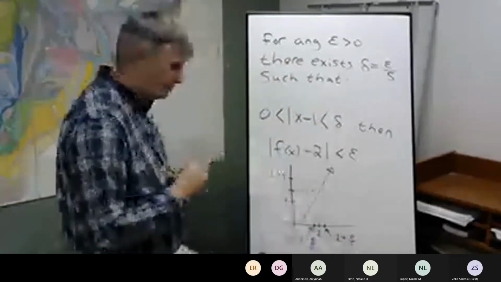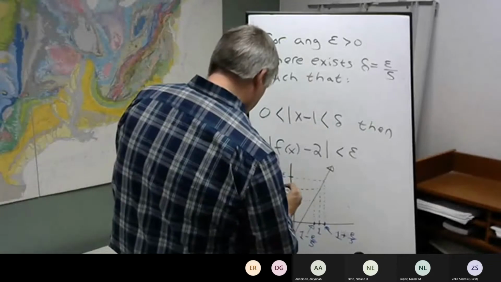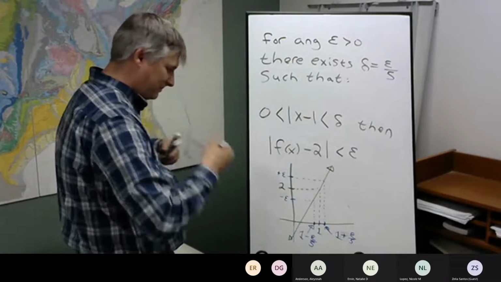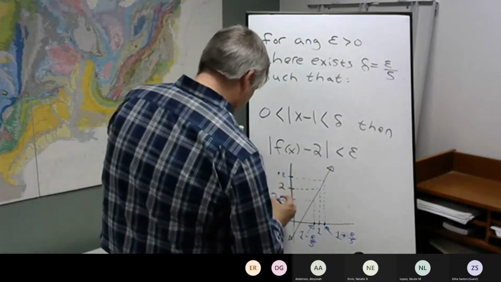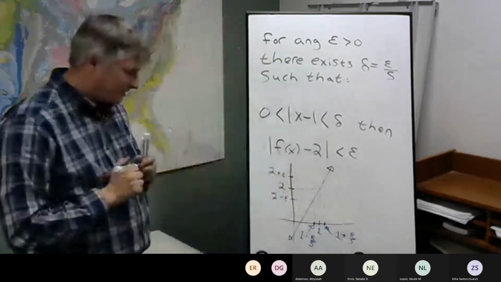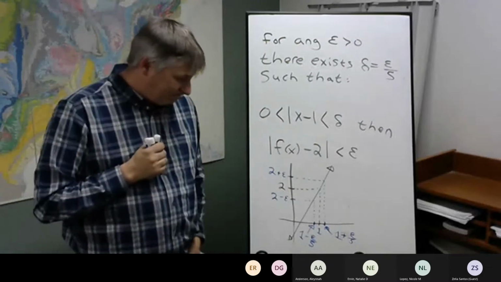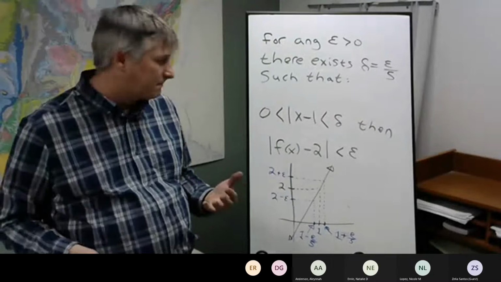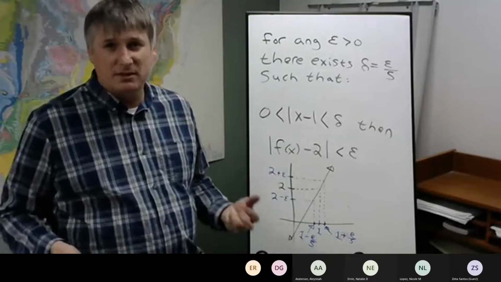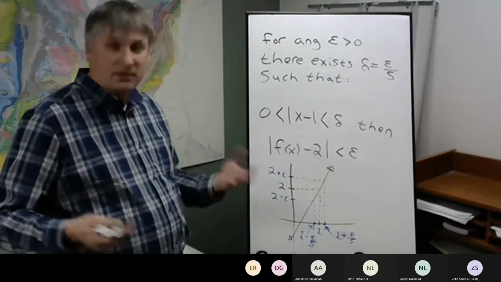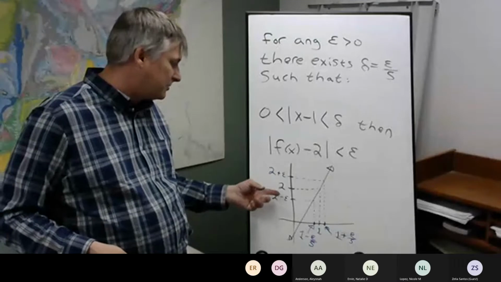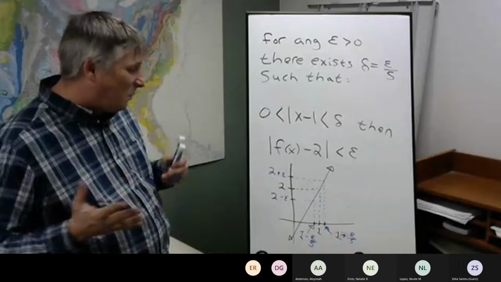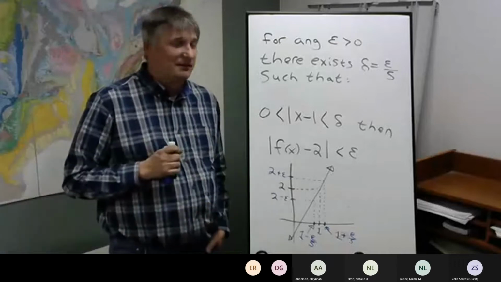This one, of course, is going to be 2. So basically, if you're within epsilon over 5 units, a fifth of an epsilon, within the number 1, you'll be within epsilon units of number 2 for f of x. So questions about that?